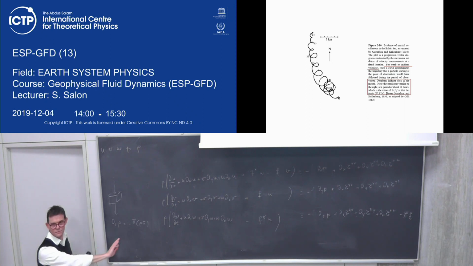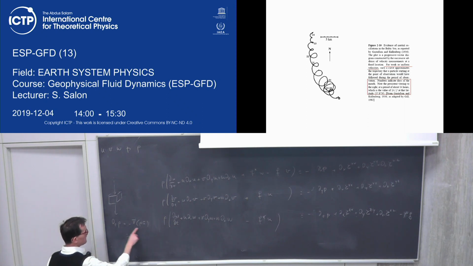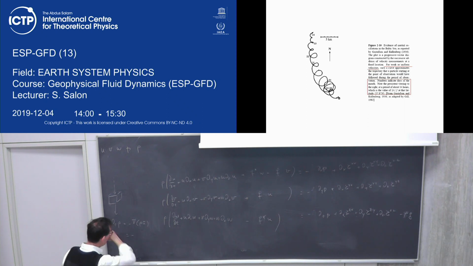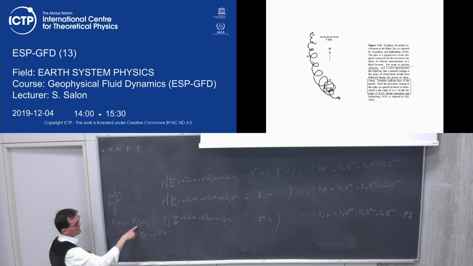Any kind of concentration can be expressed like this. So this can also be written if we expand this: minus u gradient of rho minus rho divergence of u. Okay? So I just apply the gradient term by term.